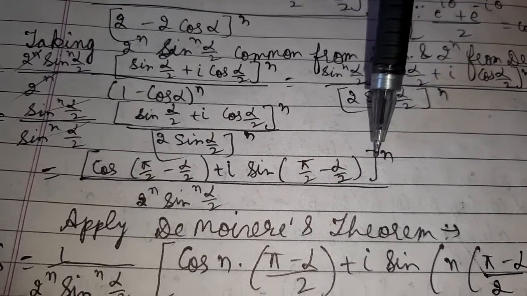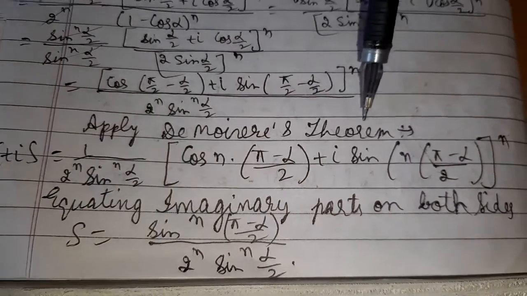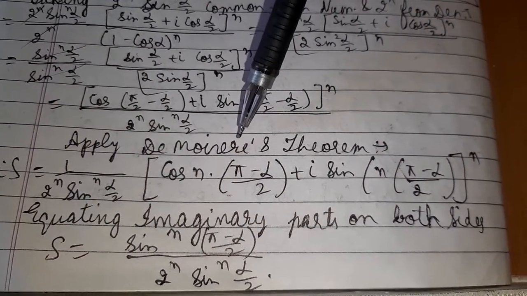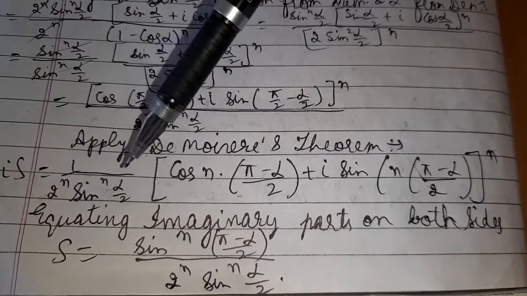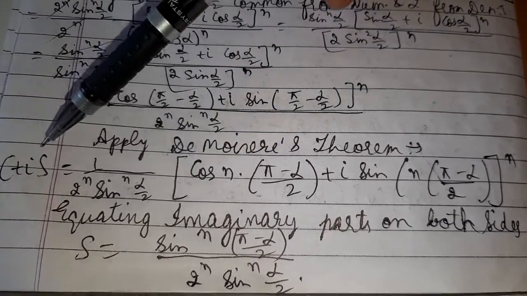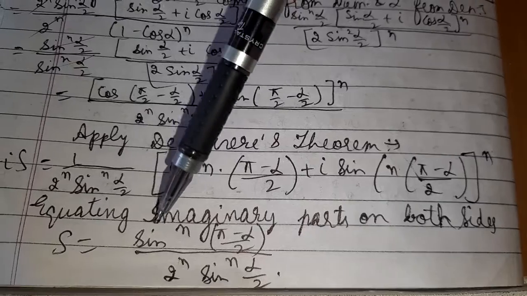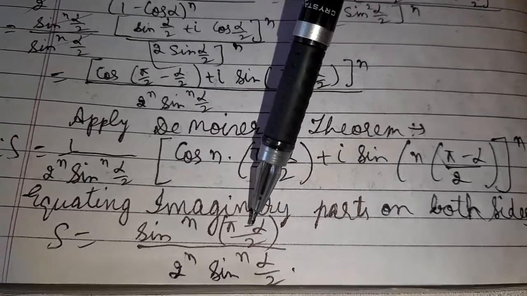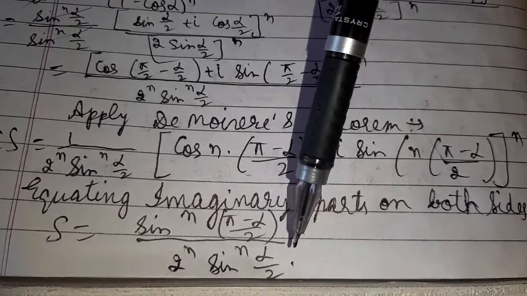The power gets multiplied with the angles, and we get this. In the statement we have a sine series, so we have to find the value of sine. Equating imaginary parts on both sides, on the left hand side we get s, and on the right hand side we get sine raised to power n times pi by 2 minus alpha by 2, over 2 raised to power n sine raised to power n alpha by 2.